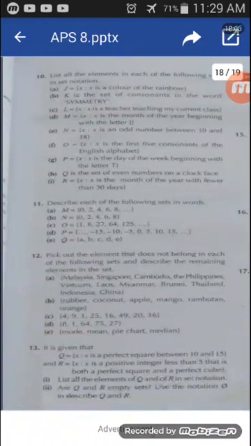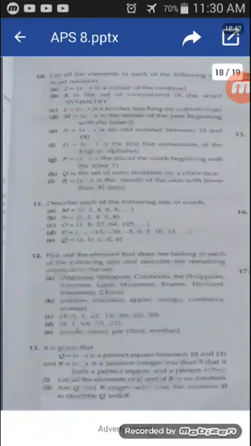So 1 square, 2 square, 3 square and 4 square, that is both a perfect square and a perfect cube, and you have to choose the cube of these numbers. 1 cube, 2 raised to power 3 means cube, 3 raised to power 3, and 4 raised to power 3 means 4 cube. So 1 square, 2 square, 3 square, 4 square, 1 cube, 2 cube, 3 cube and 4 cube are the elements in the set.